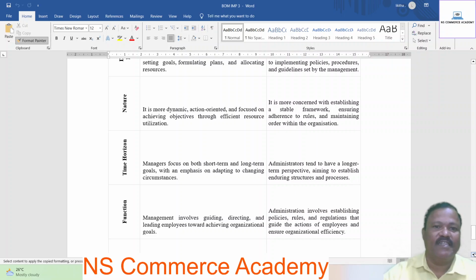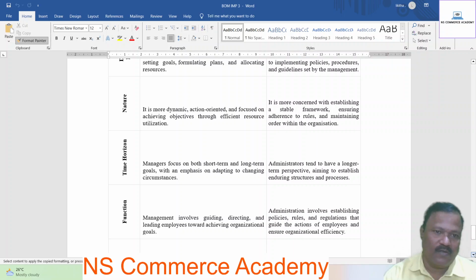Nature. Management is more dynamic, action oriented, and focused on achieving objectives through efficient resource utilization, whereas administration is more concerned with establishing a stable framework, ensuring adherence to rules and maintaining order within the organization.